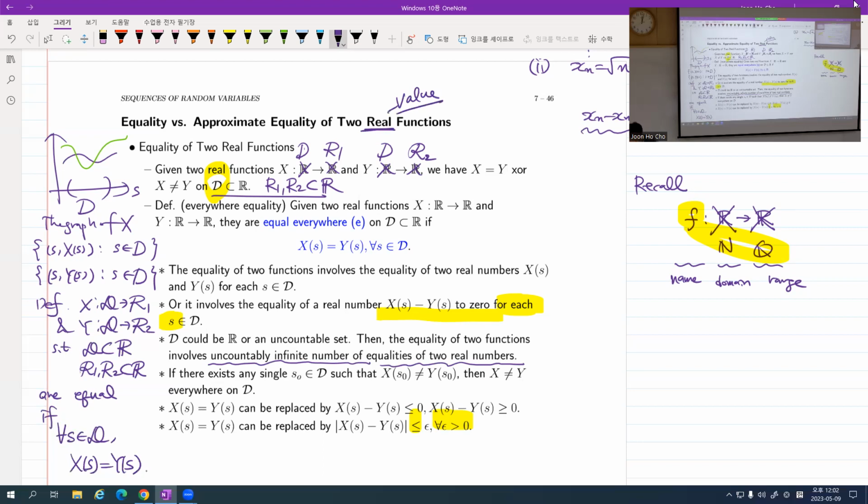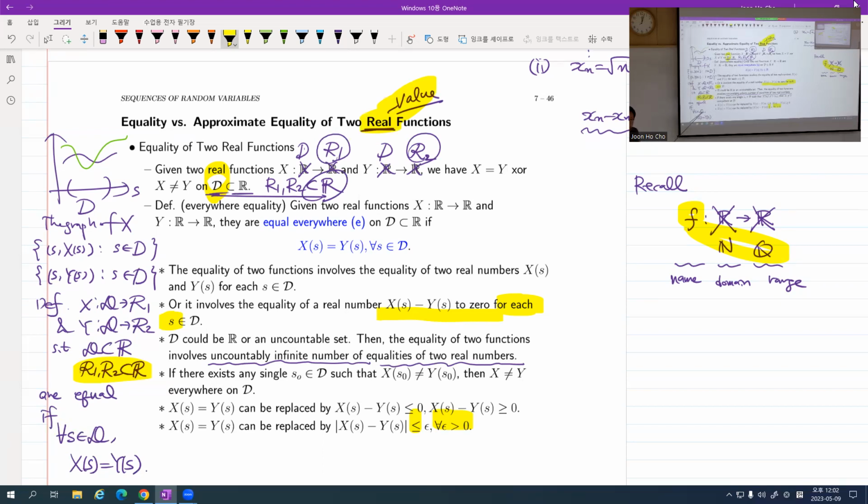What does that mean? This R1 and R2 are subsets of R. So actually, here, domain is a subset of R, doesn't matter. Okay, you may say that in this case, two real functions of real numbers. But anyway, what is important is that here real valued means this part. Got it?